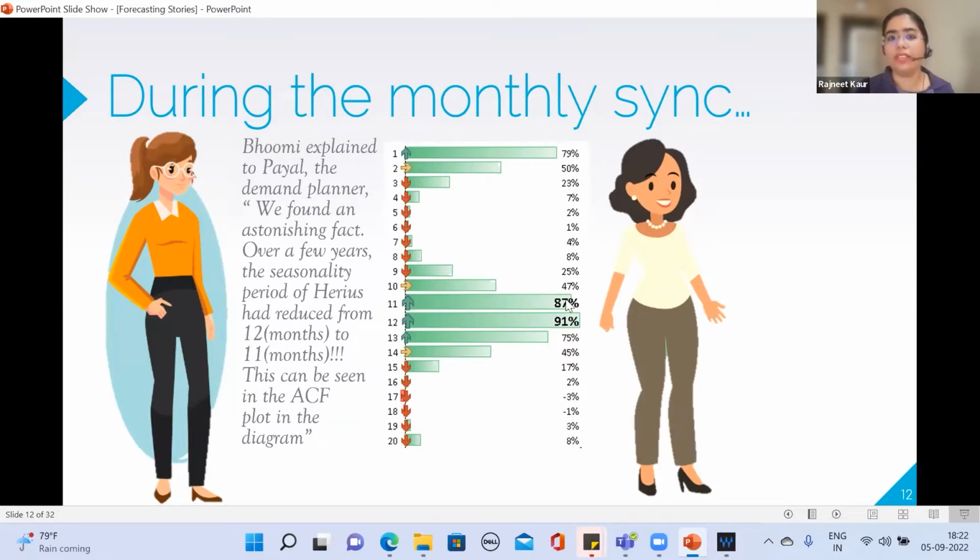If you see this graph in between, you'll see the highest correlation figure. If you do not know what an ACF plot is or what your correlation figures mean, do not worry. It simply means that after 12 months, the pattern repeats. But what is happening here is that 12 has a correlation value of 91%, but 11 months also has a correlation of 87%.